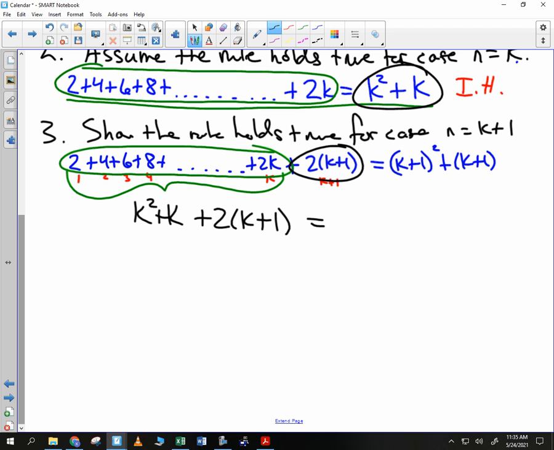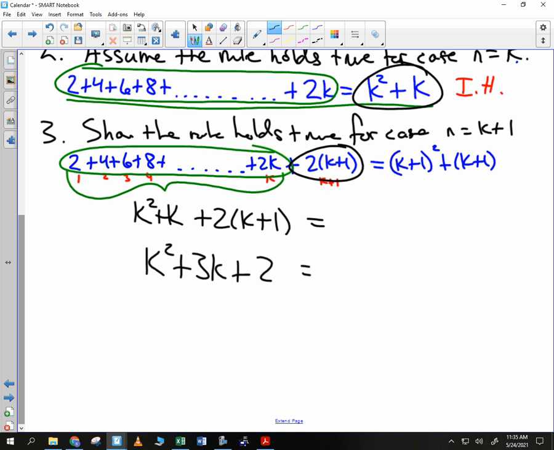Well, that's no big deal. We can do that. Let's just combine some like terms. K squared plus, let's see, 2 times k is 2k plus k is 3k. And then 2 times 1 is 2. Now, these things do look a little bit different than this right here.